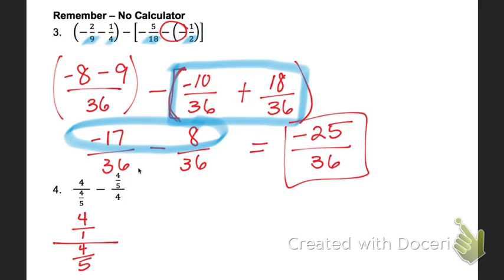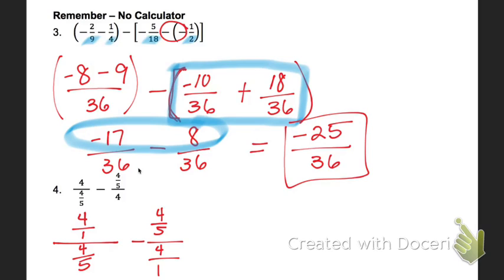Then I'm going to write this as 4 over 5 over 4 over 1. So now we have two sets of fractions, and I want to reduce it to one fraction, like a number over a number. But right now we have number over number over number over number. We have two of them.